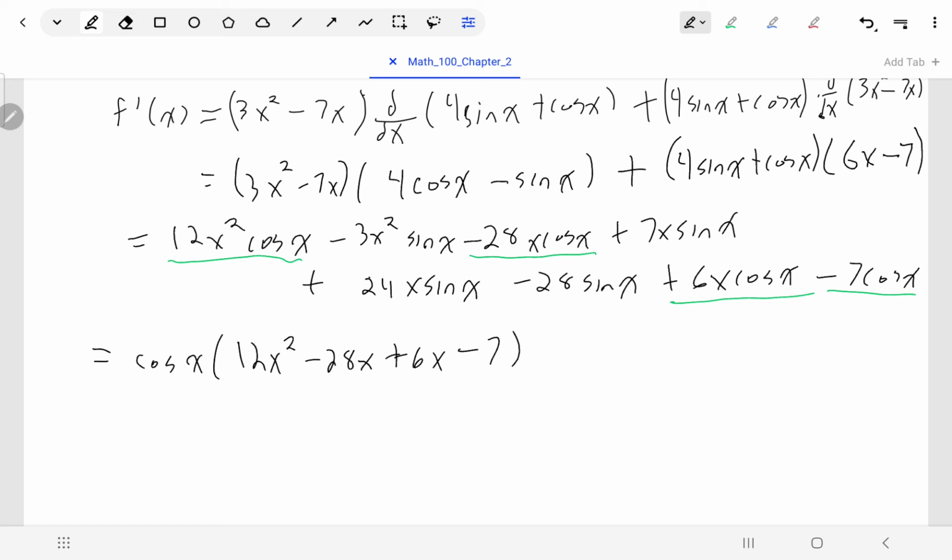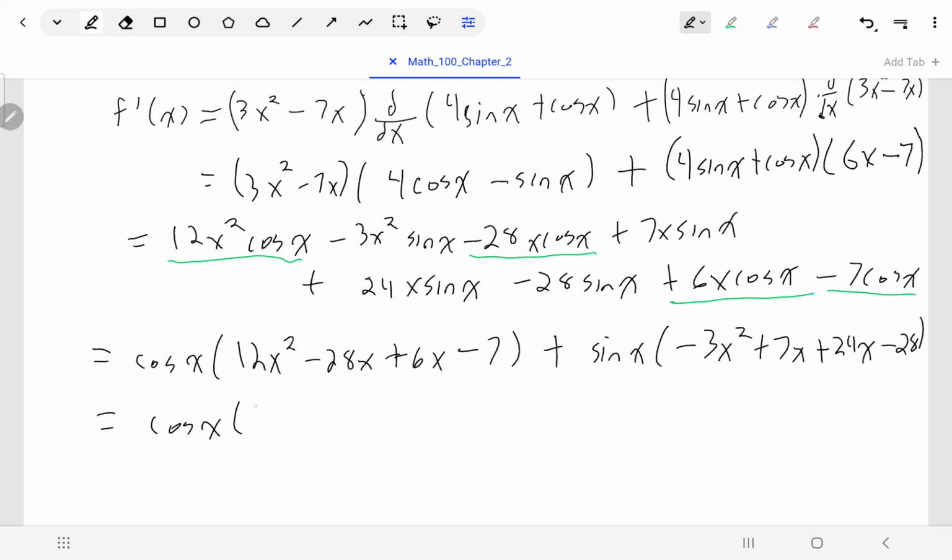For the remaining four terms, those all have sine involved, and if I factor sine out of all of those, I would have minus 3x squared and plus 7x plus 24x, and then minus 28. And then the last thing I'd want to do is combine the common terms.